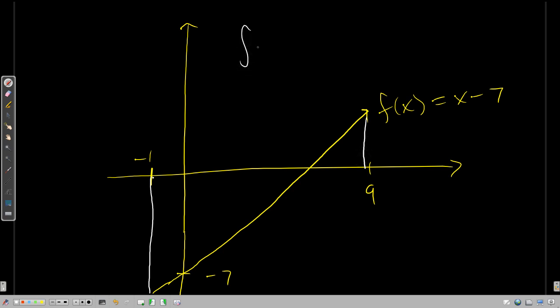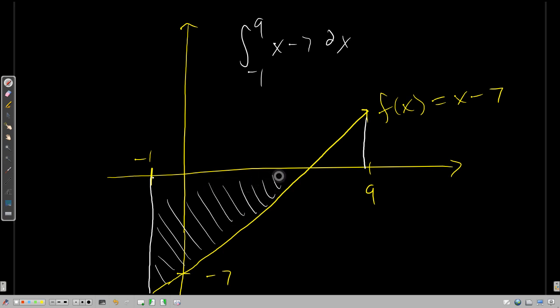If I just integrate from -1 to 9, x minus 7, then I'm going to get a negative number, because the part that's below the x-axis is way bigger than the part above the x-axis, so it'll result in a negative area.